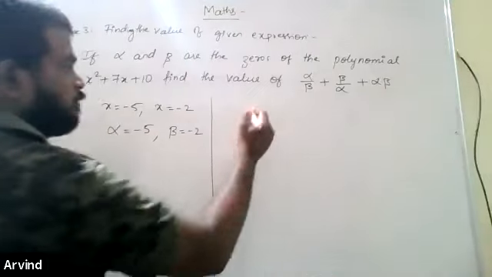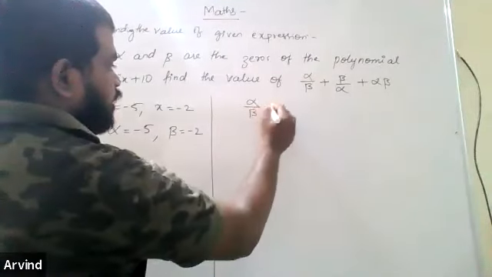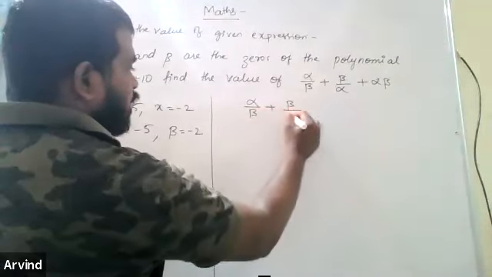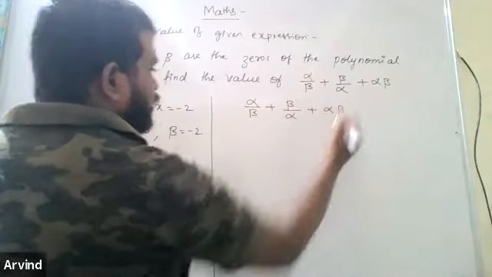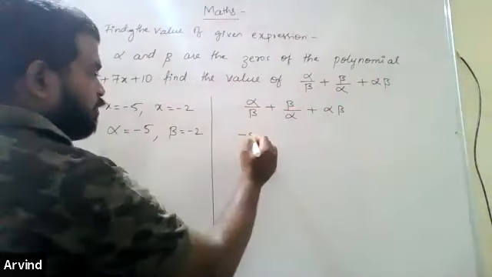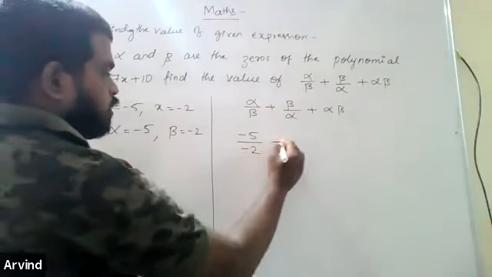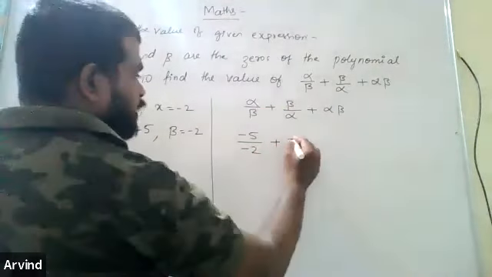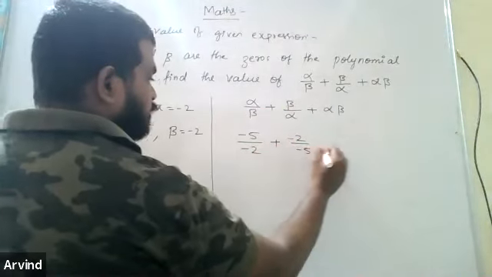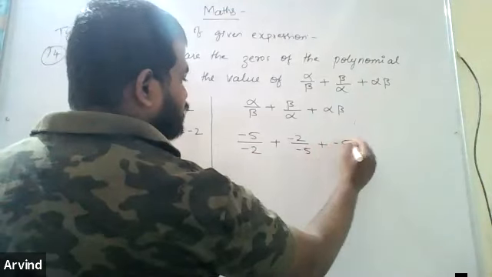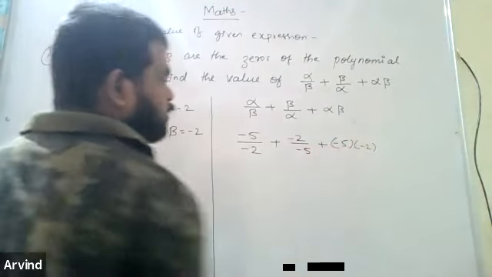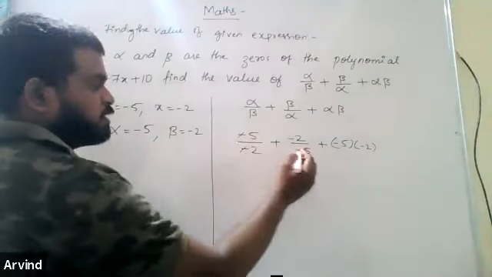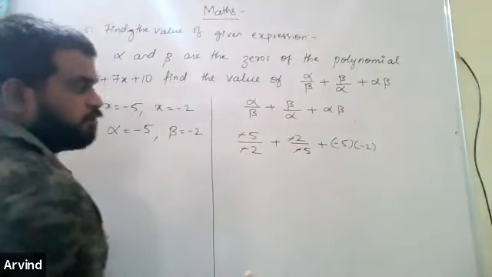Now we have to find the value of alpha by beta plus beta by alpha plus alpha into beta. So alpha is minus 5, beta is minus 2, plus beta is minus 2, alpha is minus 5, plus minus 5 into minus 2. Minus minus gets cancelled, so you can forget it.